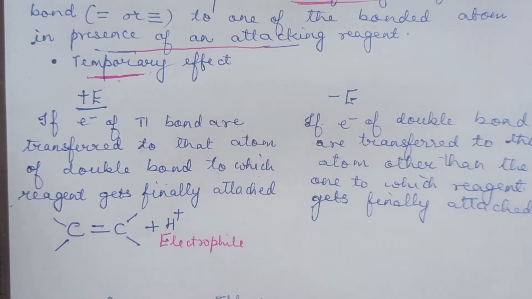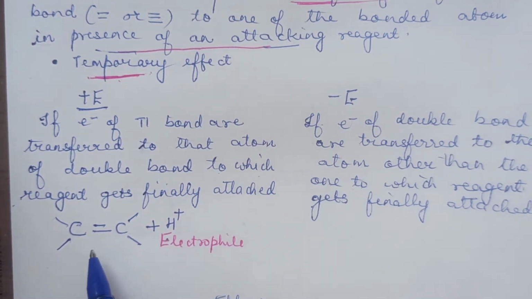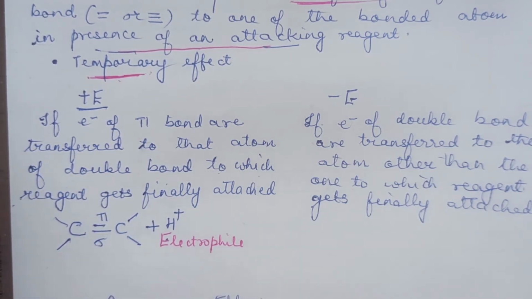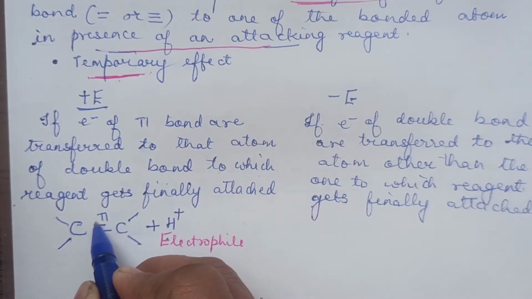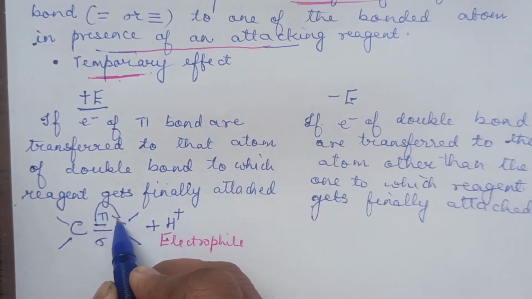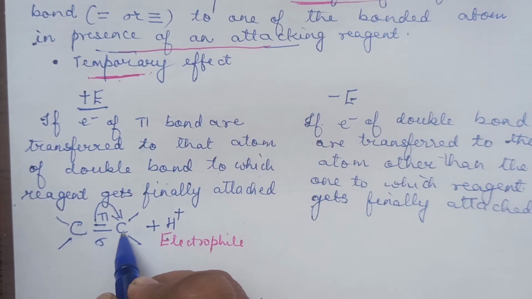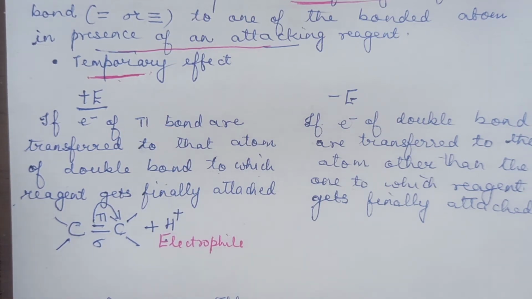So when the electrophile approaches, this alkene is having one sigma and one pi bond, and we know that the pi bond is a weaker bond. So the pi electrons will start moving towards one of the atoms. Suppose they move towards this particular atom, because both the carbon atoms are having the same type of bond, that means it is a symmetrical alkene.